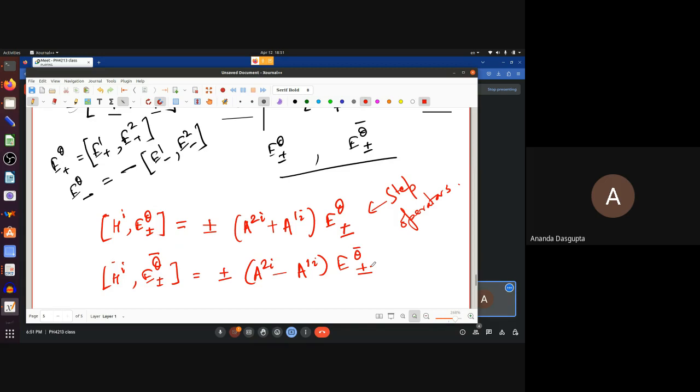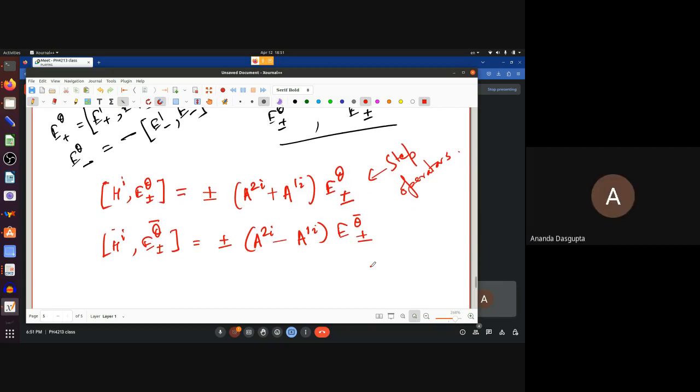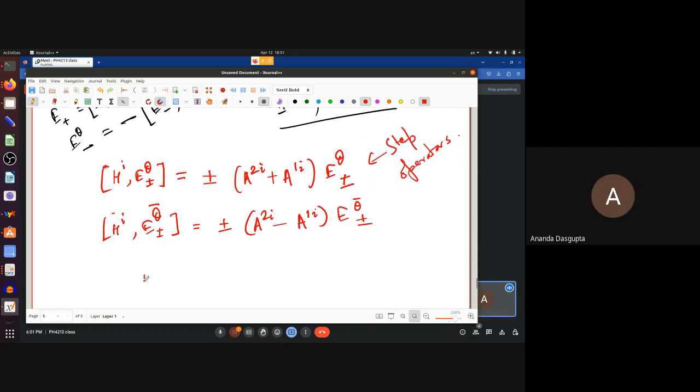Okay. Yes, sir. Now you might start by assuming, okay, let's assume that E theta plus minus is nothing new. It's basically alpha 1 H1 plus alpha 2 H2 plus beta 1 E1 plus beta 2 E2 plus gamma 1 E1 minus plus gamma 2 E2 minus.